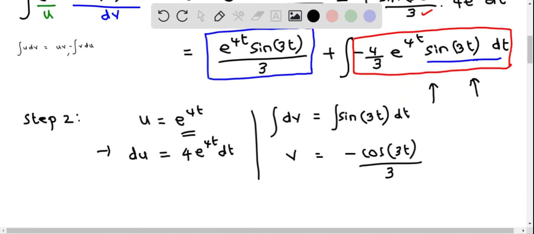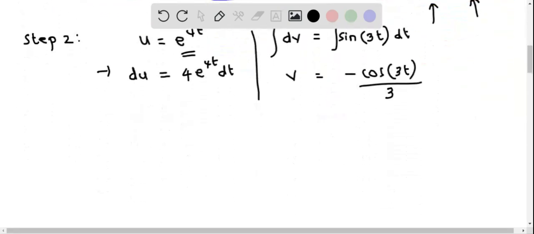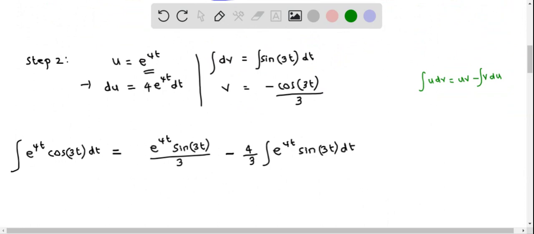So let's rewrite this original integral. So here I have written the original integral. That is, this right side expression is basically the result of the original integral after step 1. So we are into step 2, and we are going to apply the integration by parts formula to integrate this expression.